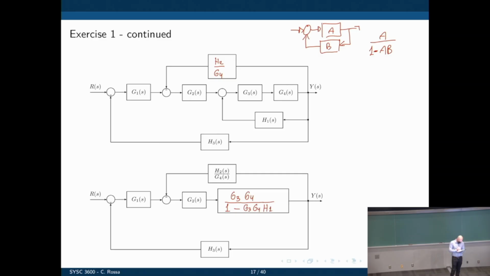All right, so this entire block here becomes that. That makes sense? All right. So if that makes sense, what do we do next? What is the next step?